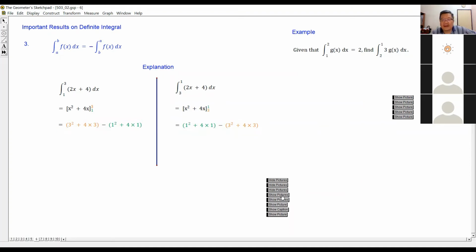Then this side I have 21 minus 5. The other side I have 5 minus 21. Funny, huh? So what is the answer? One answer is 16. The other is negative 16.